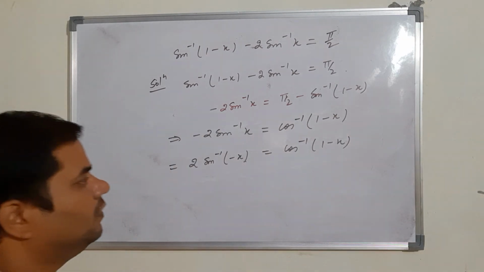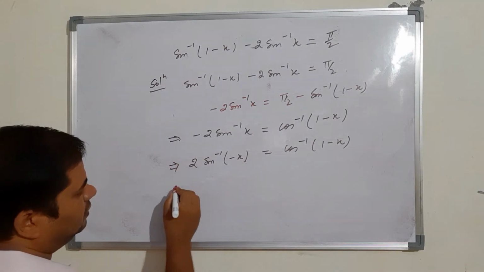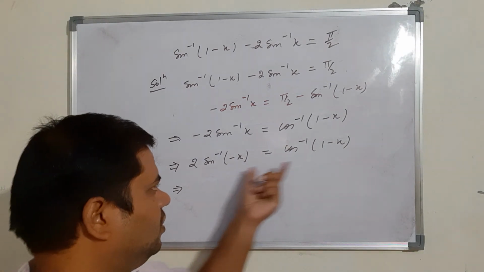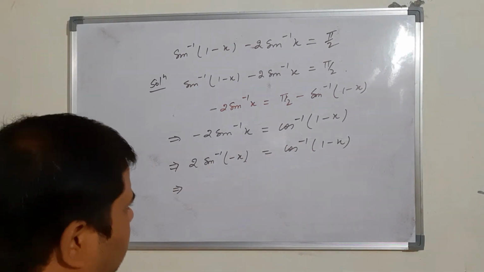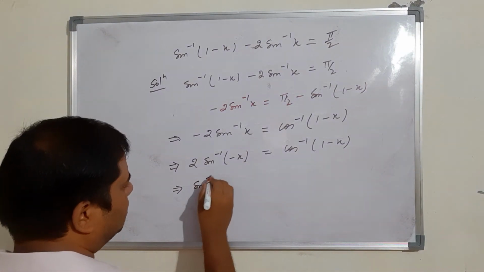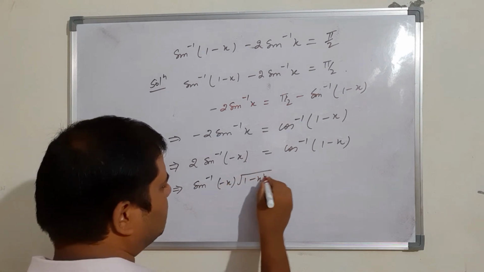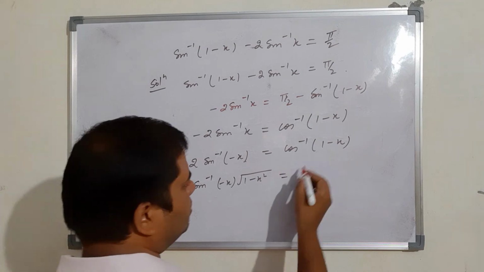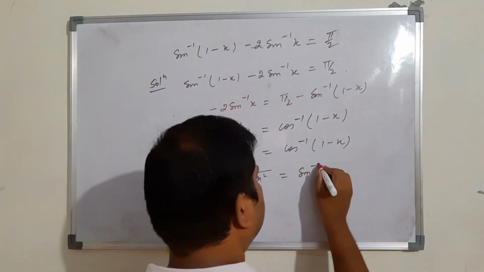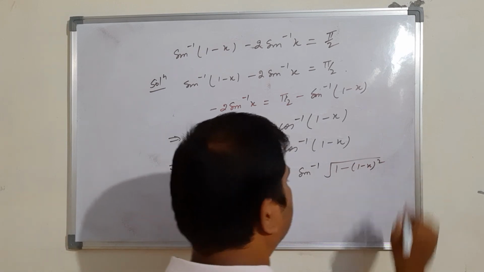Yes, so we already know the formula for either this one or this one. 2 sin inverse of minus x is nothing but sin inverse of minus x root of 1 minus x square is equal to cos inverse of 1 minus x, which can be written as sin inverse root of 1 minus 1 minus x whole square.